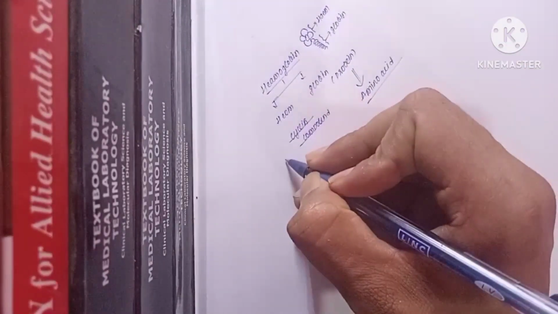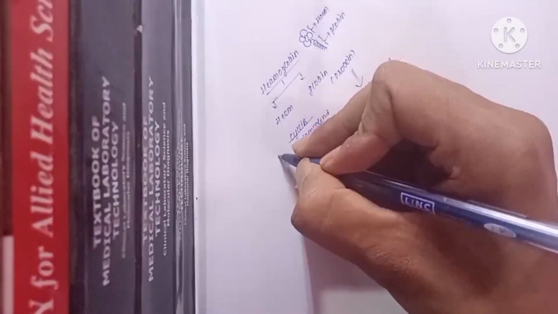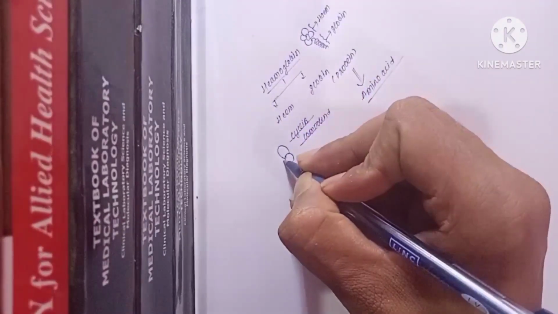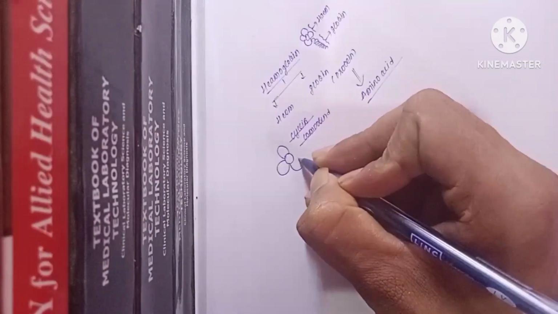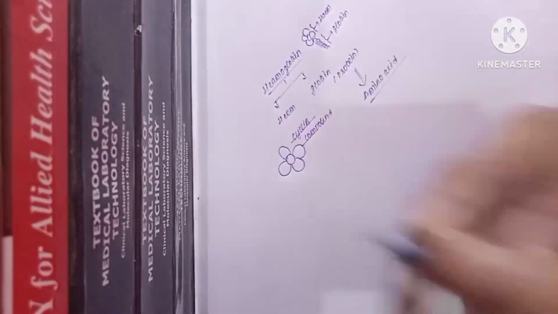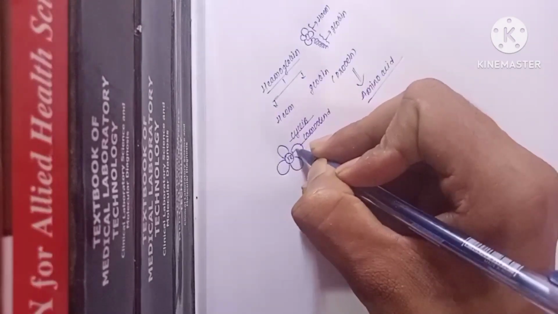But heme, which is a cyclic compound, let me draw a heme here. We know that heme is made of pyrrole rings. This is a heme, and in the center of heme the Fe2 plus ion is present.